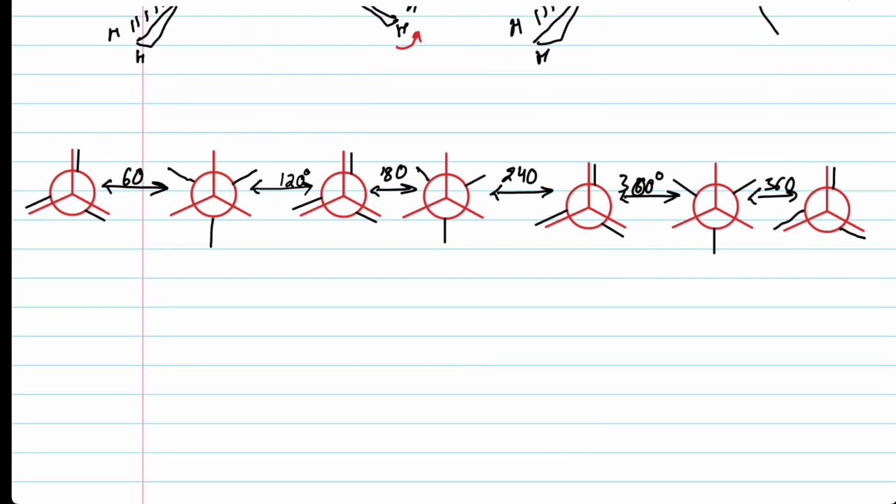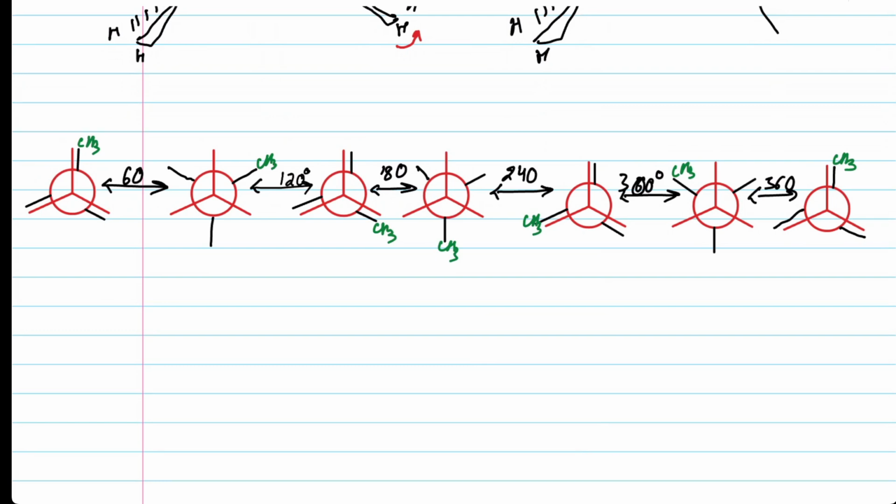The only difference in the case of propane is that here we are going to have the CH3. As you can very well see, here also we are going to get eclipsed and staggered conformations.